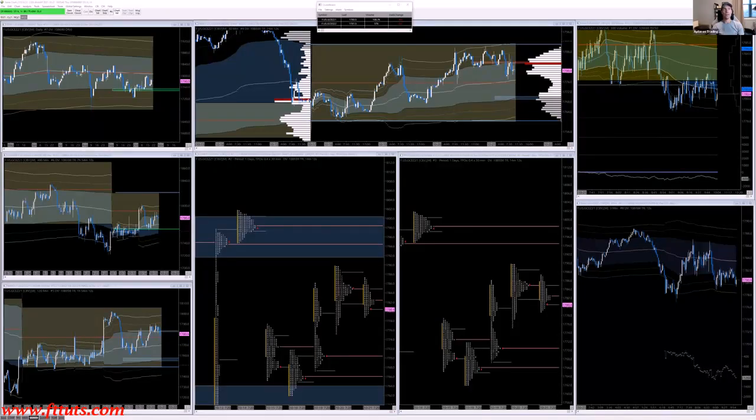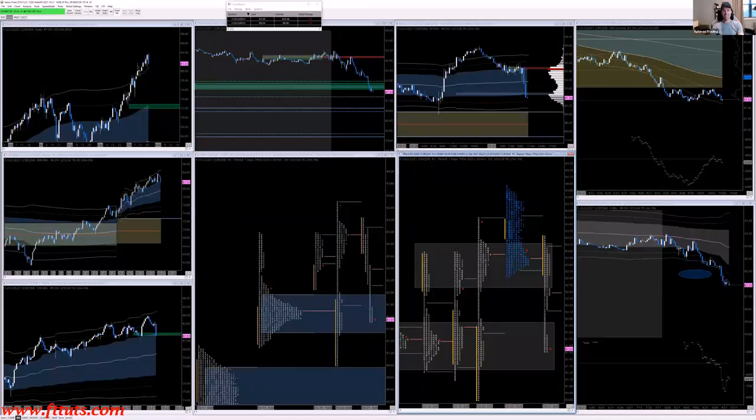Indices seeing a little bit of selling here. Remember, we need to see a lot change there for us to begin to stalk a short. Crude oil not bouncing.